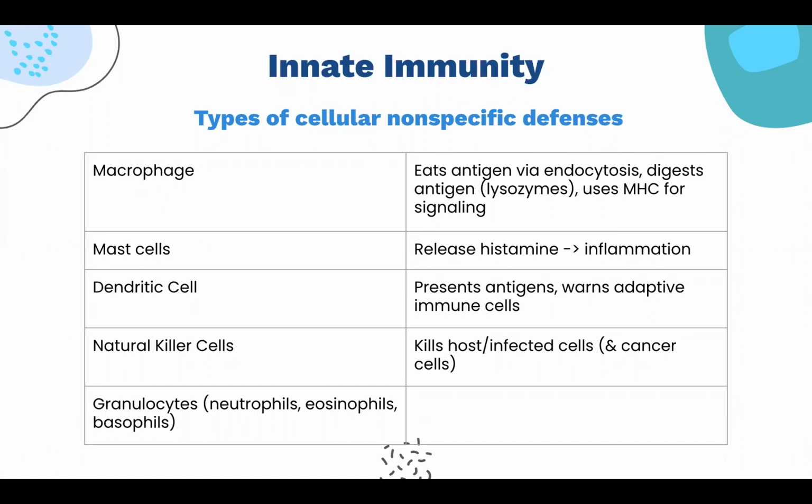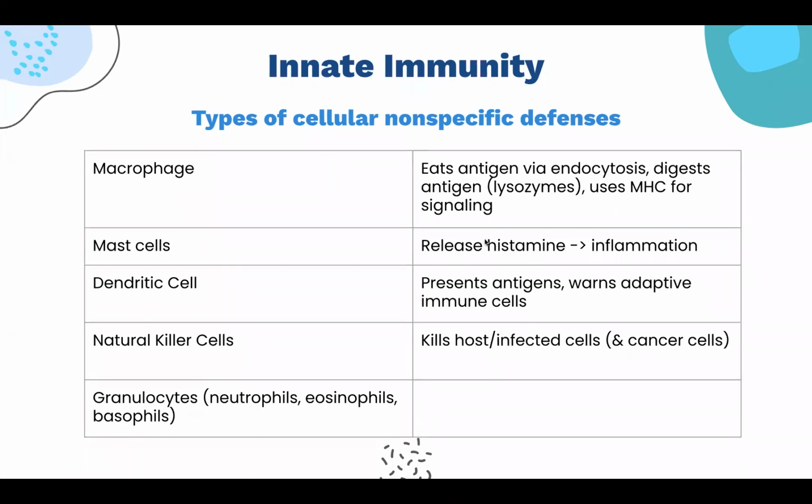Can anyone tell me what all 3 types of cells have in common? Yes, they release granules. So they stimulate the inflammatory response and help fight any type of infection. You don't need to know the specific differences between neutrophils, eosinophils, and basophils, just that they secrete granules, which are enzymes, to eliminate pathogens and fight off infections.